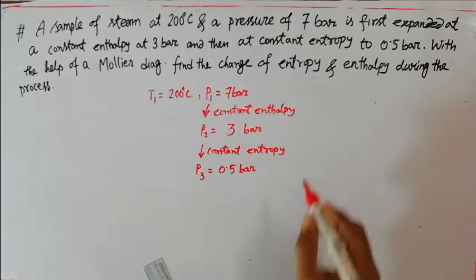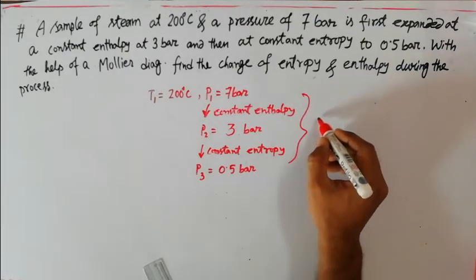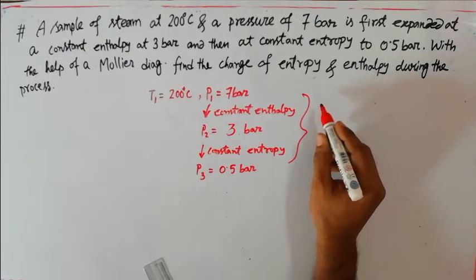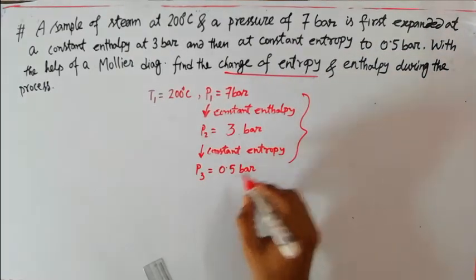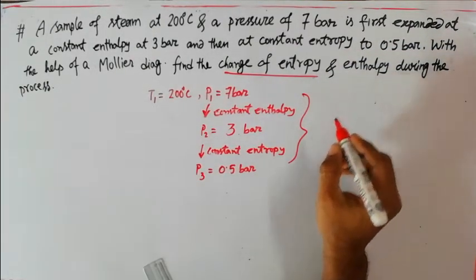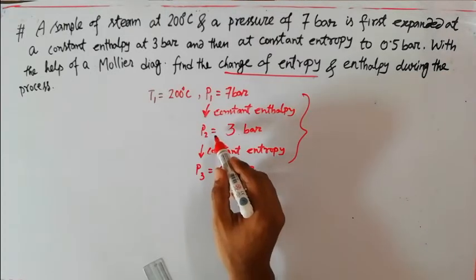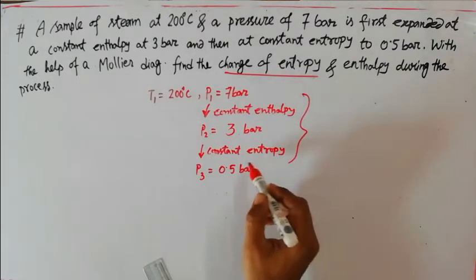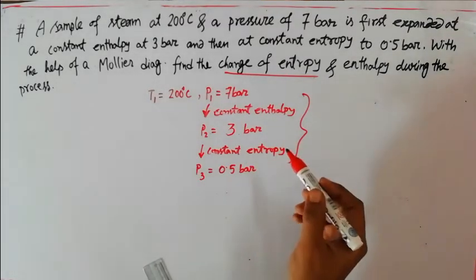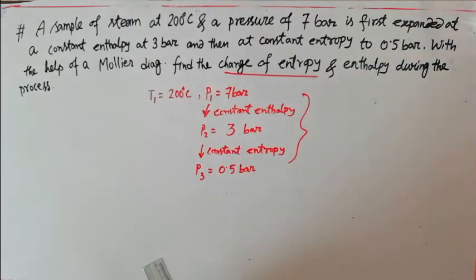That's why I have used the different subscripts P1, P2 and P3. Now, during this process I have to find the change of entropy. Change of entropy means the final state entropy minus the initial. You can see that from P2 to P3 there is no change of entropy because it is a constant entropy process. So the change of entropy will occur from 1 to 2, isn't it?